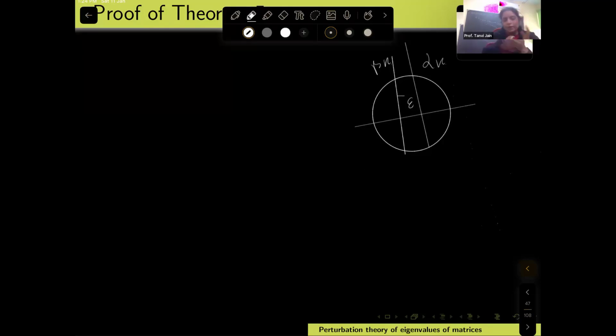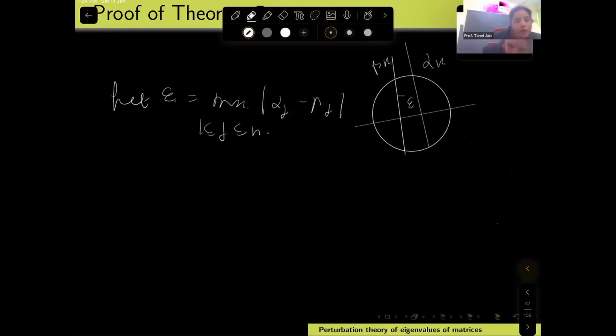So let epsilon be the maximum of mod alpha_j minus beta_j, 1 less than or equal to j less than or equal to n. The alpha_j's are eigenvalues of A, remember, in the semicircle, arranged in counterclockwise direction, and the beta_j are eigenvalues of B arranged in the counterclockwise direction. A and B are unitary, so you can see this.